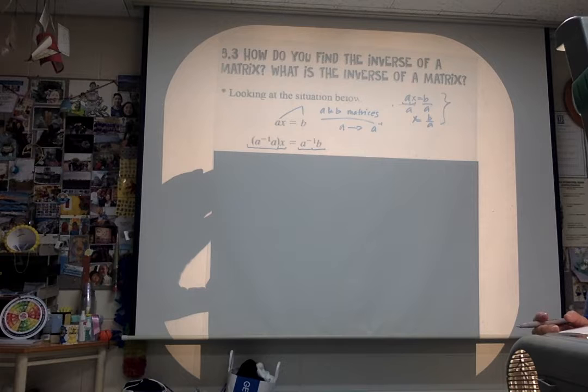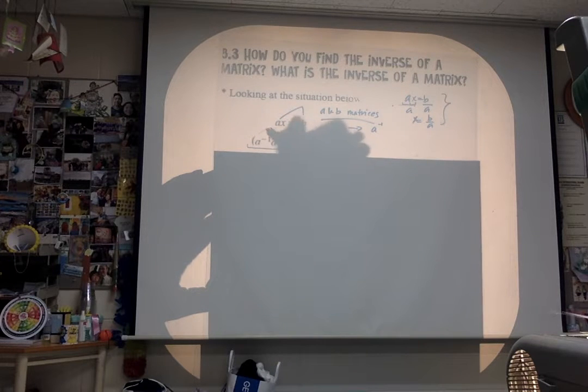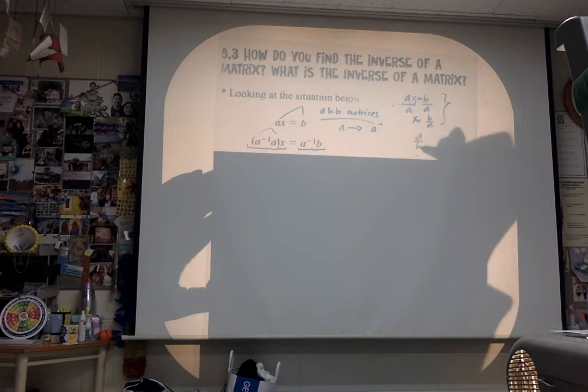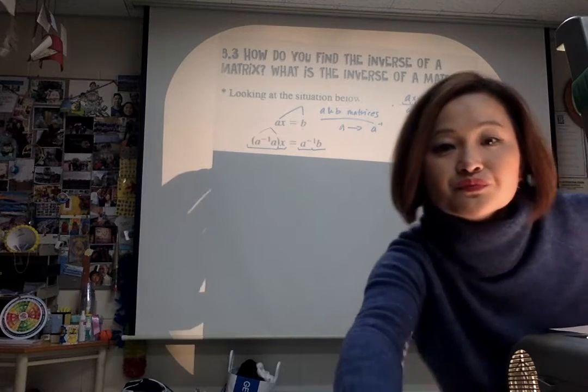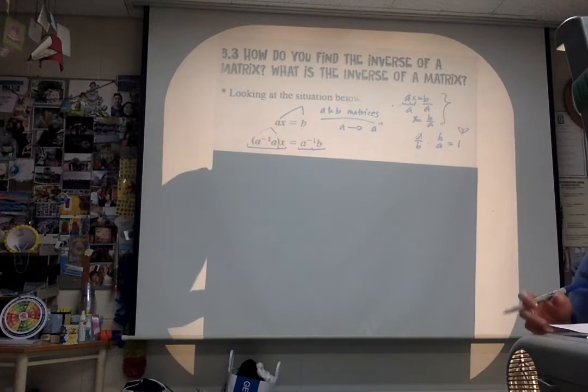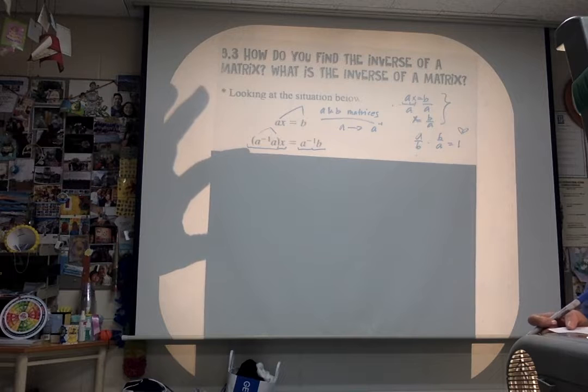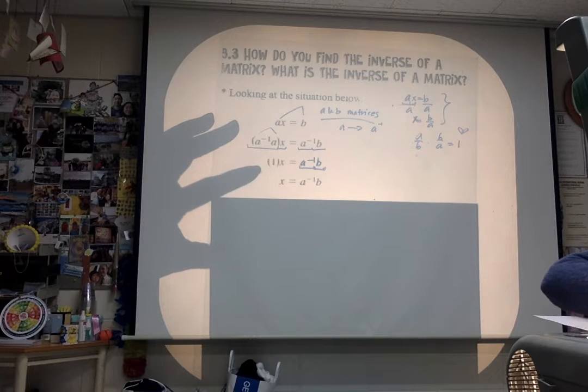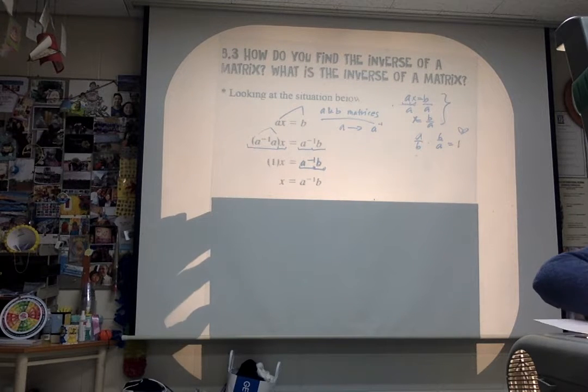But notice, what's A inverse times A? We'll actually see it later too. But if you multiply the inverse and the A, just like in multiplication and division, like A over B, when you multiply B over A, you get 1, the identity matrix. You get the same thing here. So A inverse times A is going to give you 1x, and then you get this beautiful product, A inverse times B, and that product is going to be your x matrix.